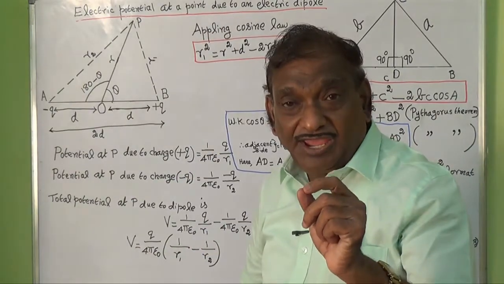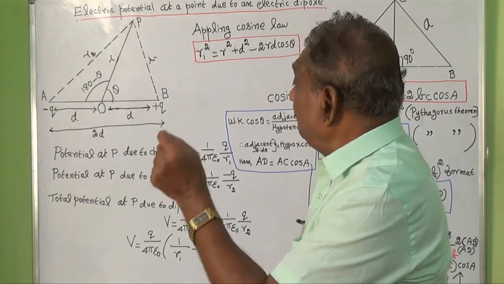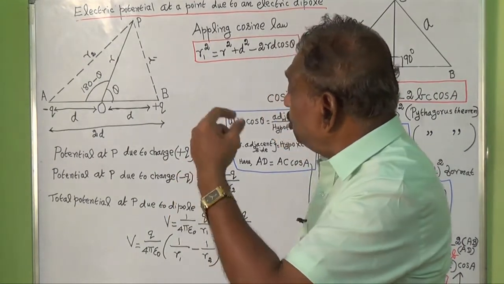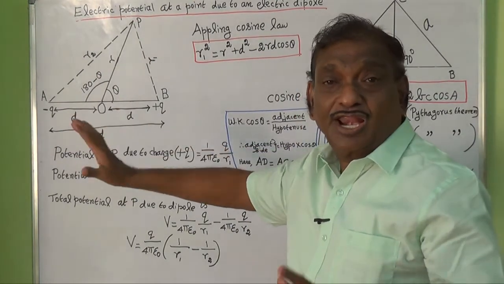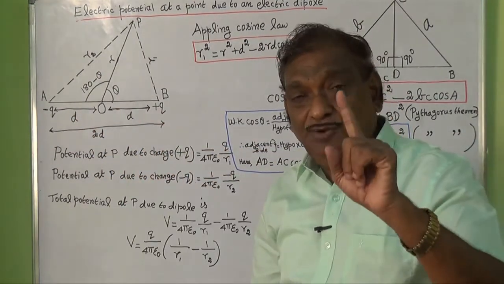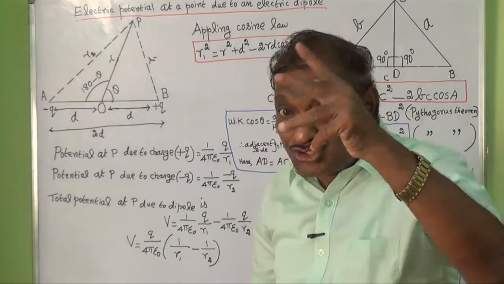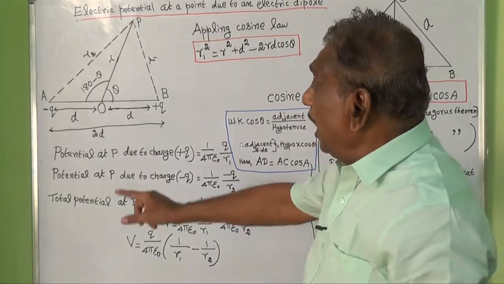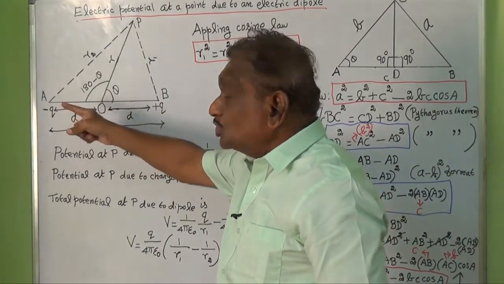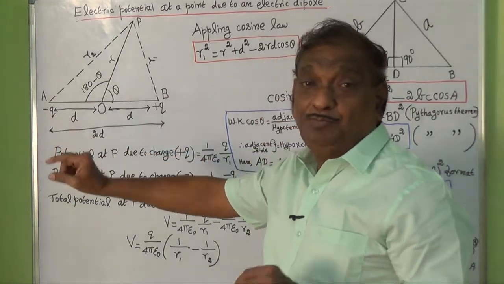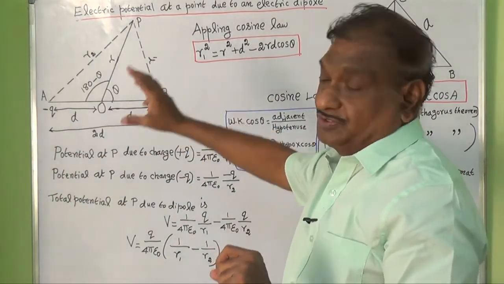Two equal and opposite charges. At point A, we have taken Q charge. At point B, we have also taken Q charge. So both charges are equal, but at the same time, both charges should be opposite, so at point A, we have taken minus Q charge, and at point B, we have taken plus Q charge.